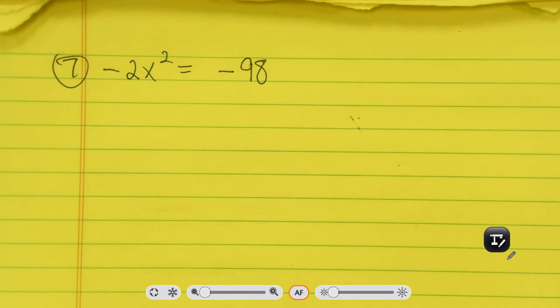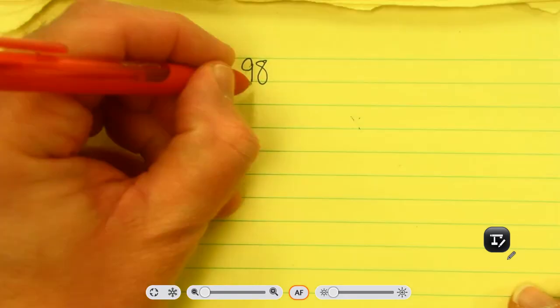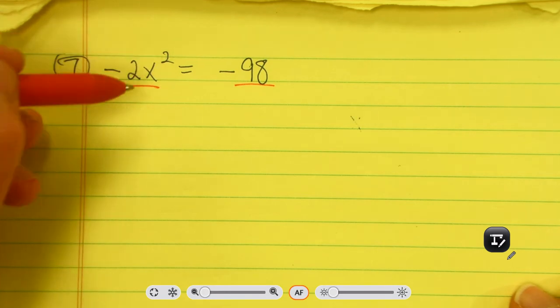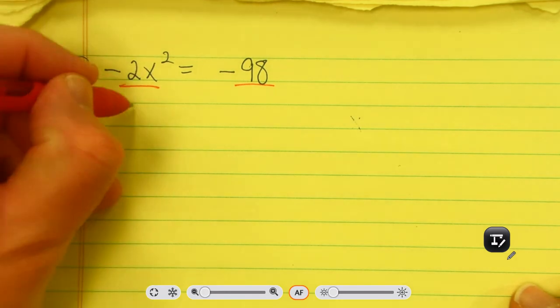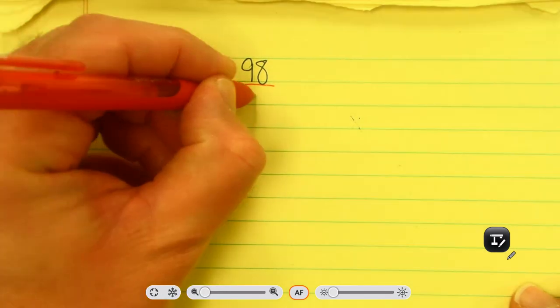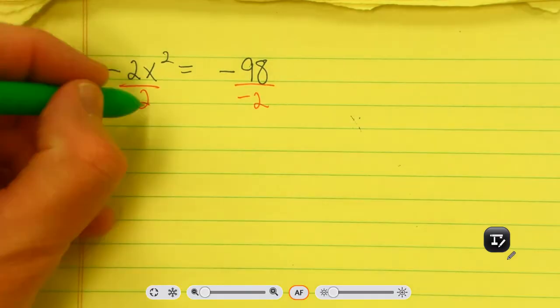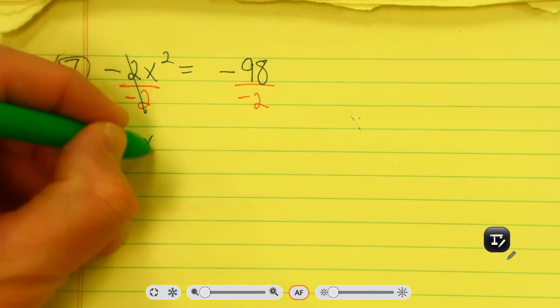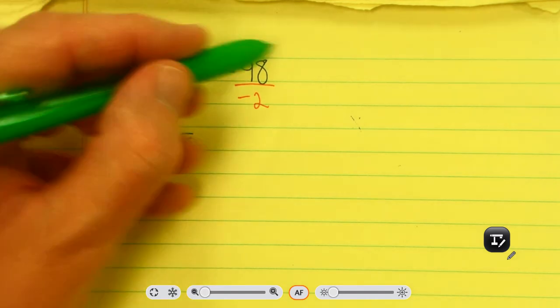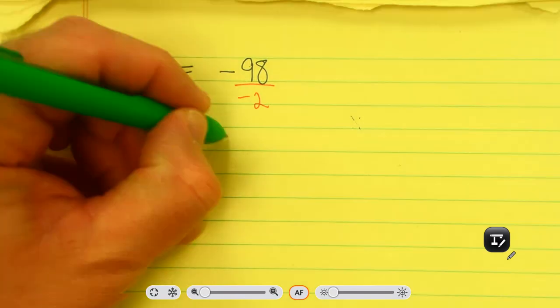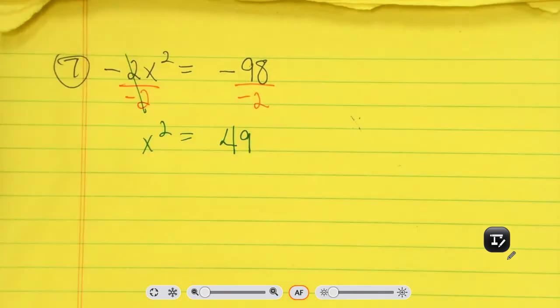What is it I do? Yeah, it's negative 2 times x squared. The opposite of times is to divide. So write that down. Okay, just a minor difference, nothing major. Those cancel. I'm left with x squared is equal to negative 98 divided by negative 2, which is a positive 49.